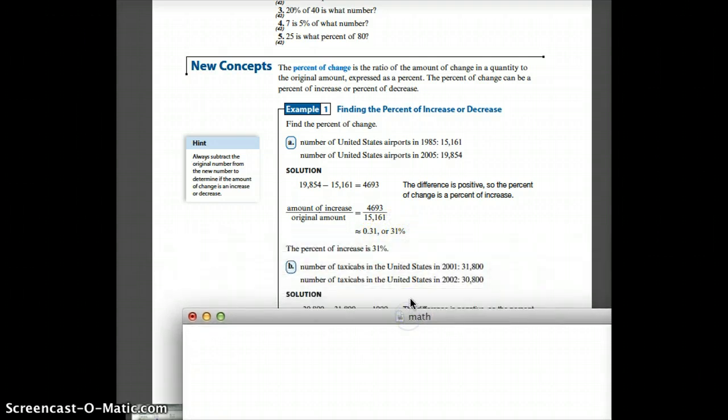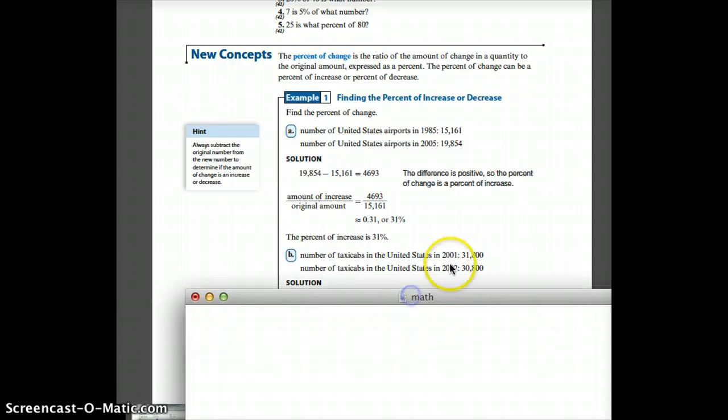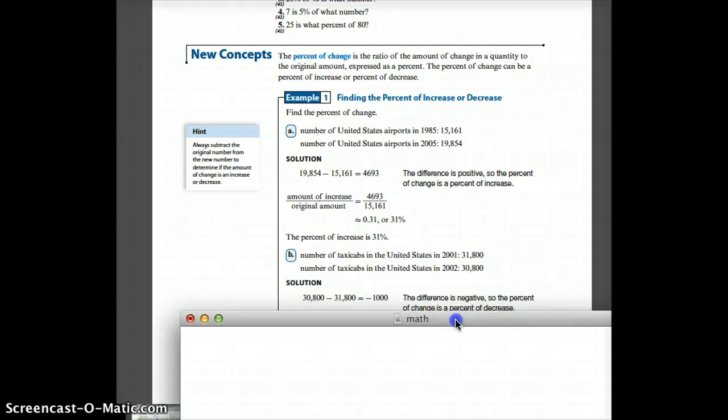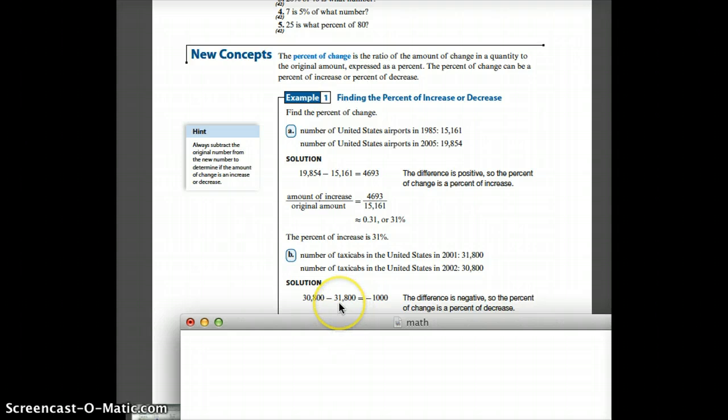Okay, same thing. Number of taxi cabs 2001, there it is. In 2002, okay, we know this is a decrease, right? How much of a decrease? Go ahead and subtract it. So we subtract 30,000 minus 31,800.